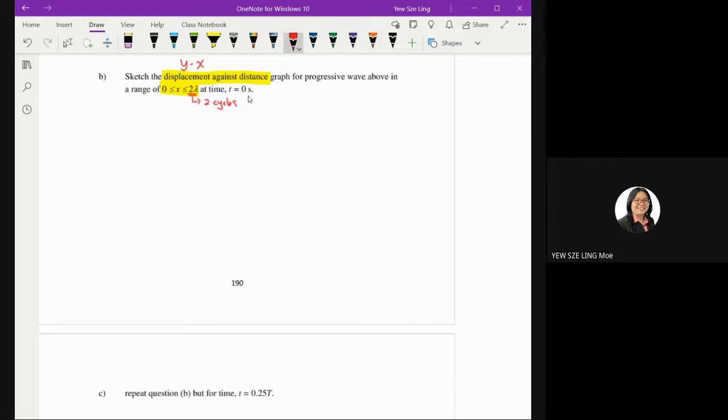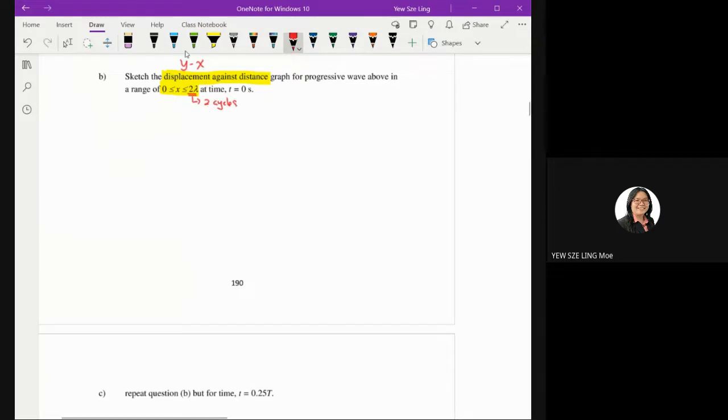At time t equals to 0, you look at the motion of that one particular particle. See what is the shape of the graph. So see what is the displacement of the particles at a different position, at a different distance.